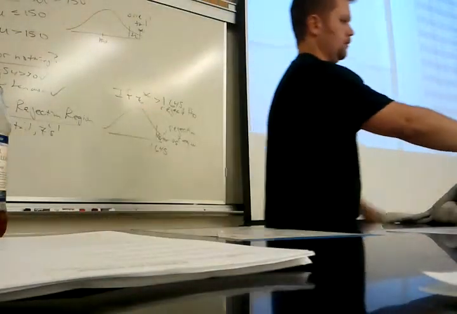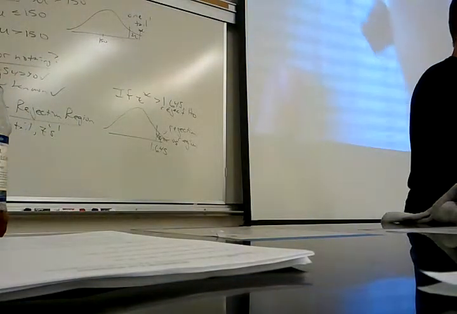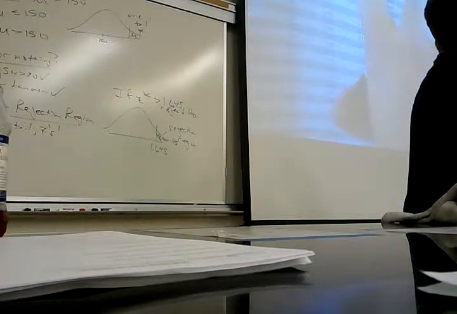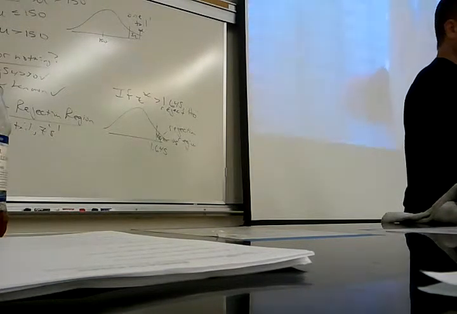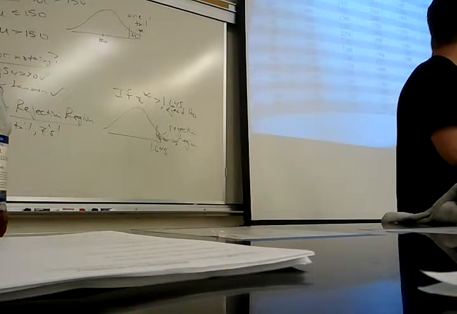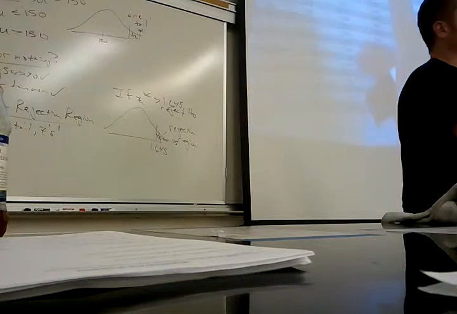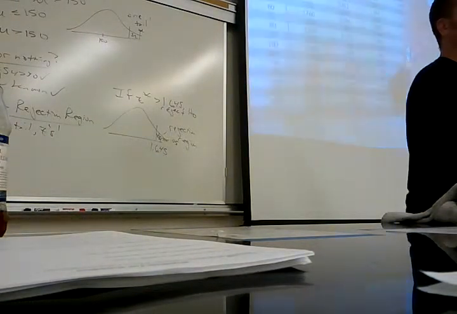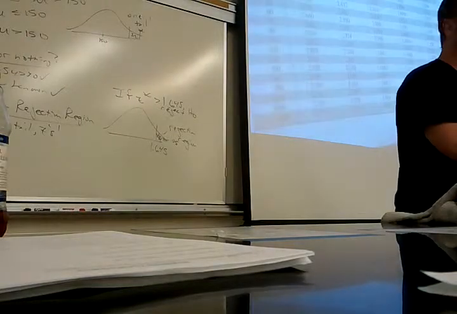If you look up in the T-chart, area in one tail, 0.05, as long as you go all the way down, that's a z-score: 1.645. If I stop, that would be a t-score, corresponding to some degree of freedom. As long as you go all the way to the bottom, that is a z-score.